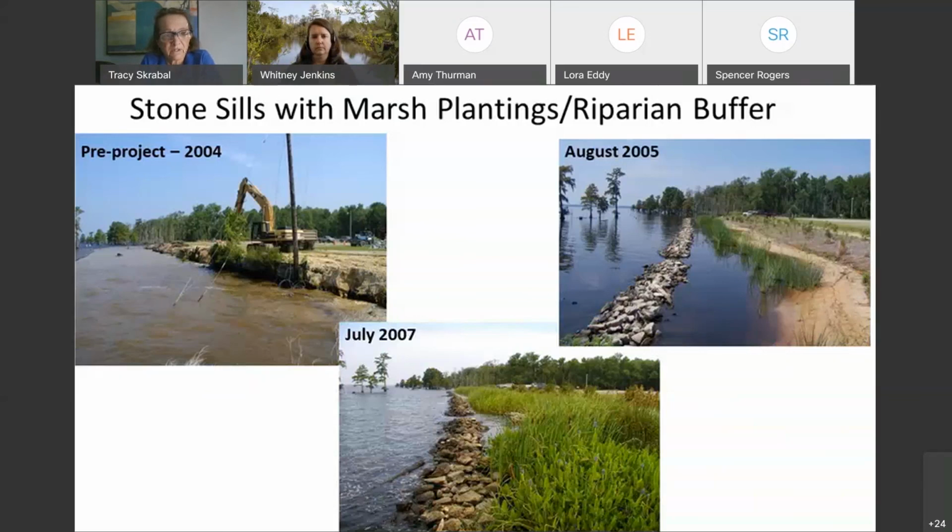So in this case, what we needed to do was pull out that failing bulkhead and regrade the shoreline. We established a freshwater suite of plantings going up into the tree line because there was space to do so, and then a stone structure with gaps.